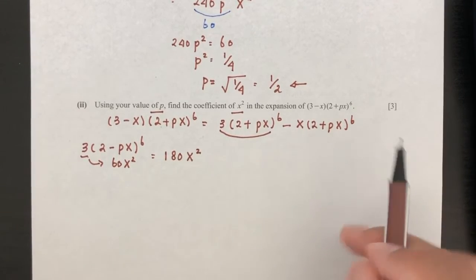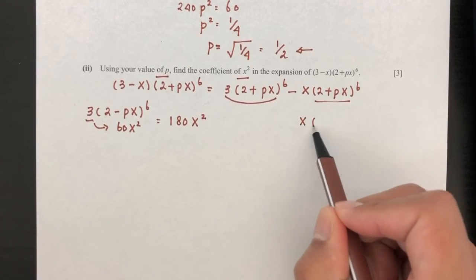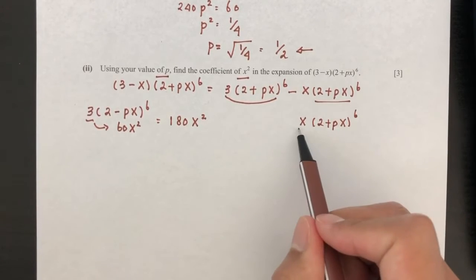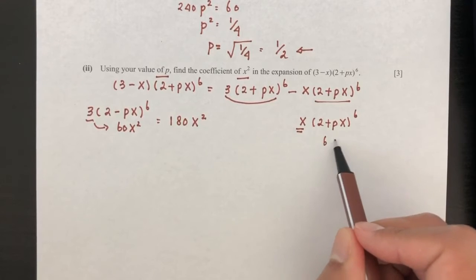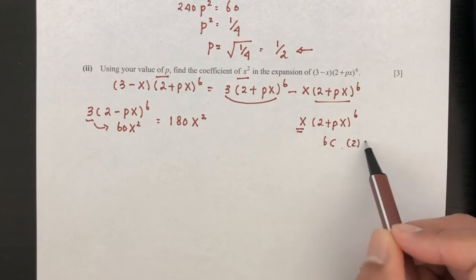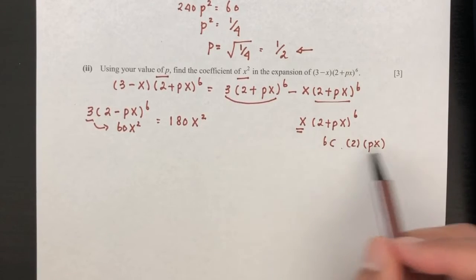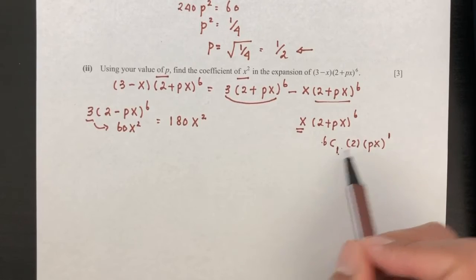Now for this one, we have to check. We have x outside, we have (2 + px)^6. So since we have x already outside, we just need one more x on the inside. So let's choose 6 choose what number for the first term, and px. So we just need one more x on the inside, so it has to be 1 here. If it is 1 here, that will be 5 here. 6 minus 1, that will be 5.